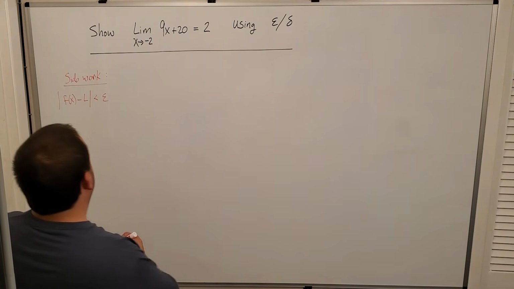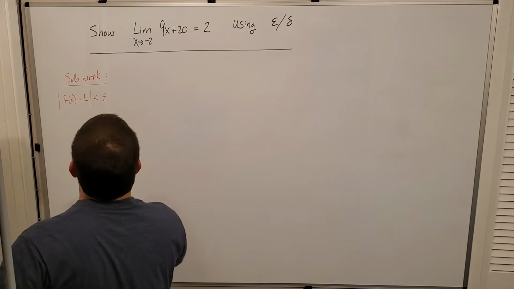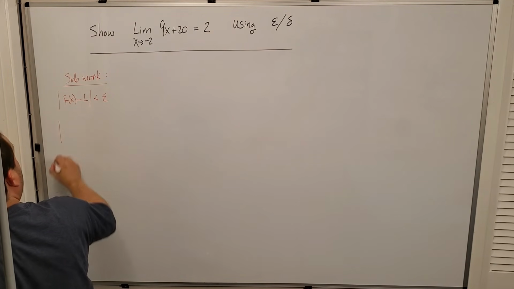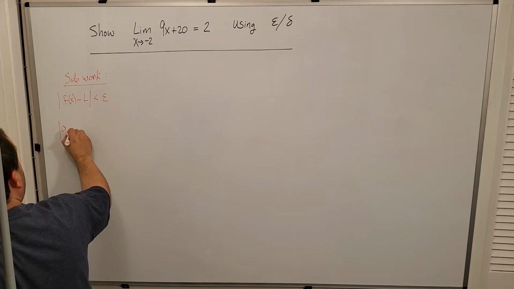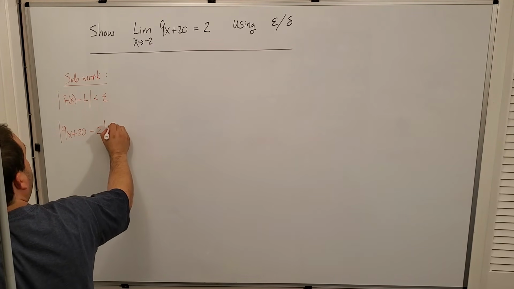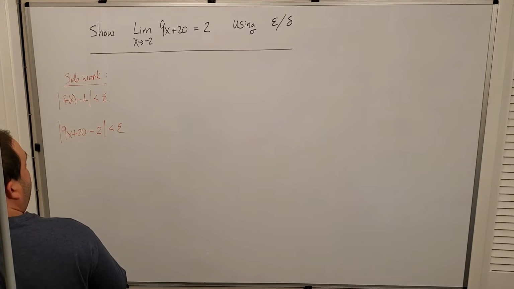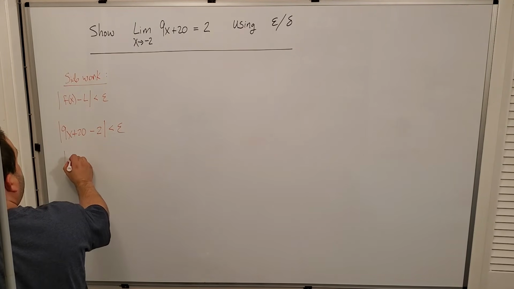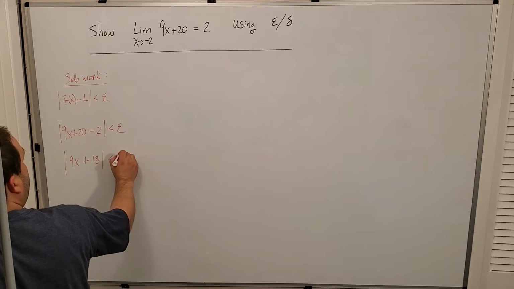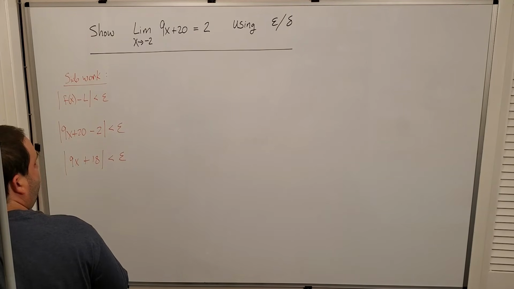Okay, so here I take the absolute value of 9x plus 20 minus 2 to be less than epsilon. By simplifying, I can see that the absolute value of 9x plus 18 would then be less than epsilon.